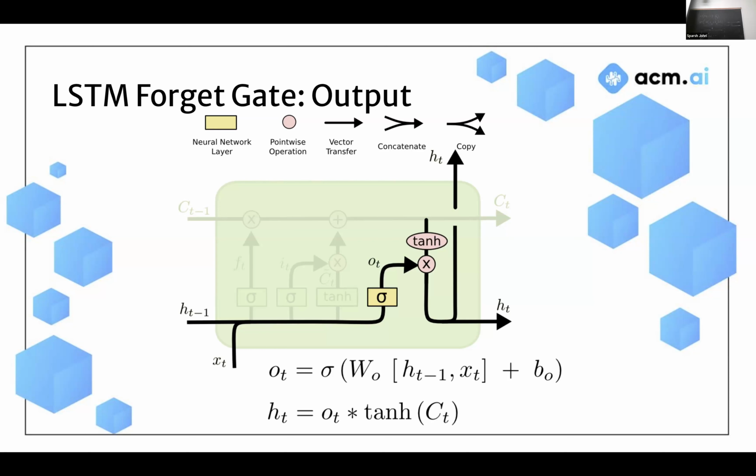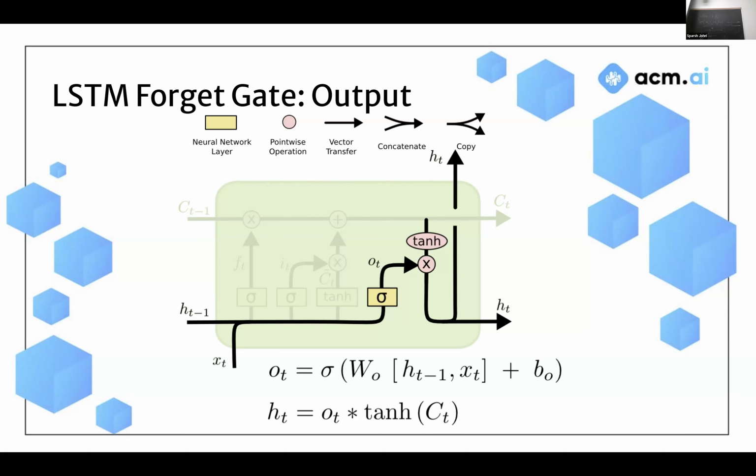So what you essentially do here is you take the previous hidden state, your previous output, and your new input, and then you put them in another neural network. So you have another weight matrix. You concatenate the vectors along the dimension. You put those two vectors together. You add a bias, and it's your sigmoid function. Then you take your new cell state value.